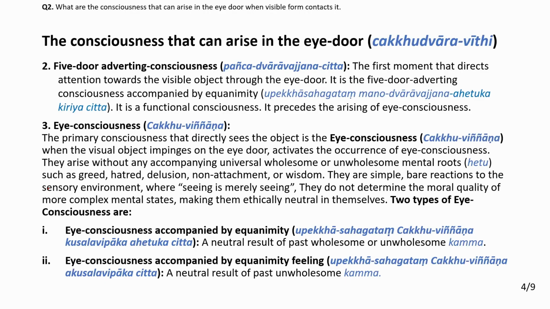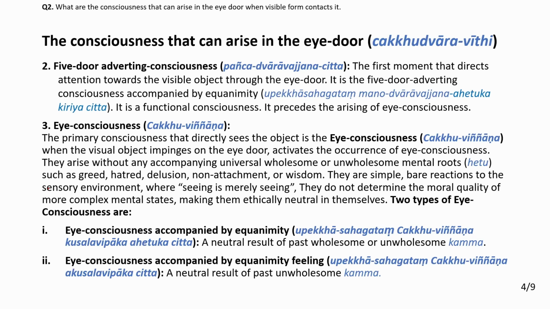Then the 5-door everything also. You see, the 5-door averting towards the object, accompanied by equanimity. Then it's a functional. Okay. No, the 5-door averting consciousness accompanied by equanimity, the Pali word is not correct.